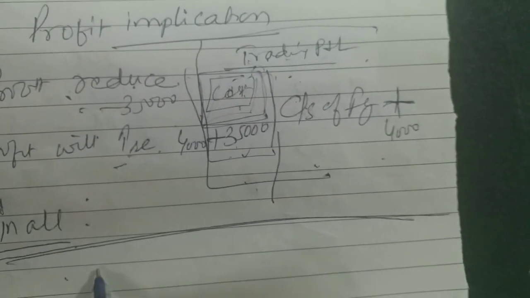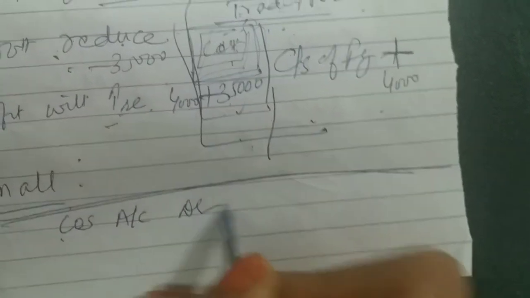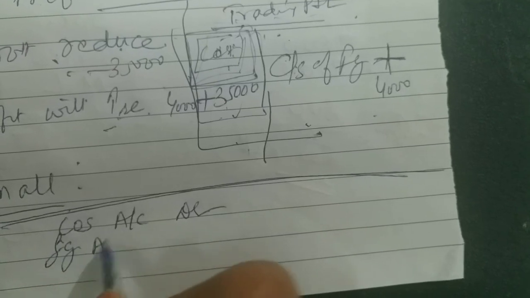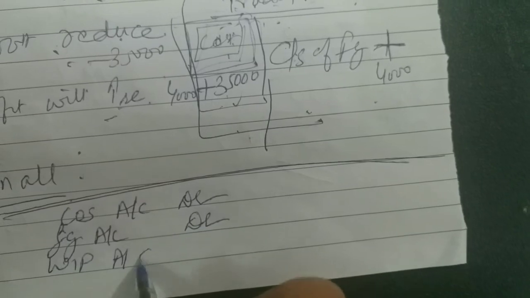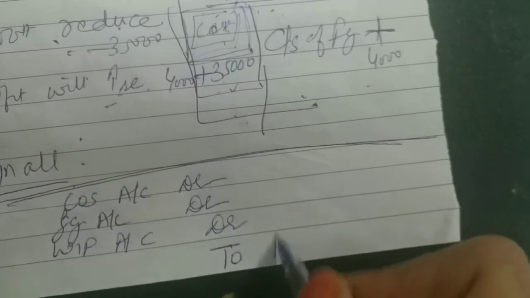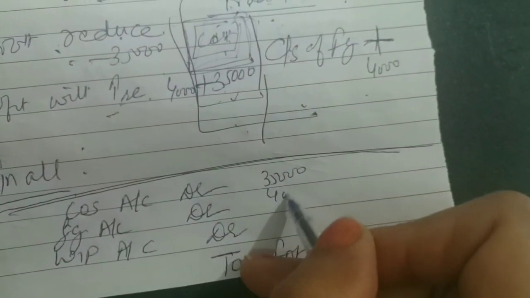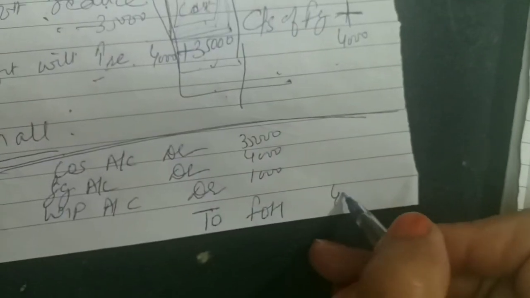Suppose one thing more is asked: write down the journal entry for this under absorbed overheads. So what is this entry going to be? Cost of sales account debited, finished goods account debited, work in progress account debited, to factory overheads: 35,000, 4,000, 1,000, so total 40,000.